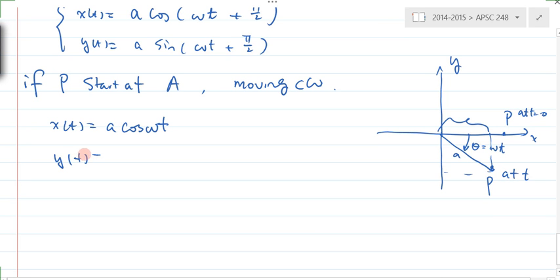But y over t will be this portion, and that's A times sine, but where is this? It's below 0. That's right, so below 0 we should have a negative here. Is that good? So try to get used to this physical meaning of parametric equation.